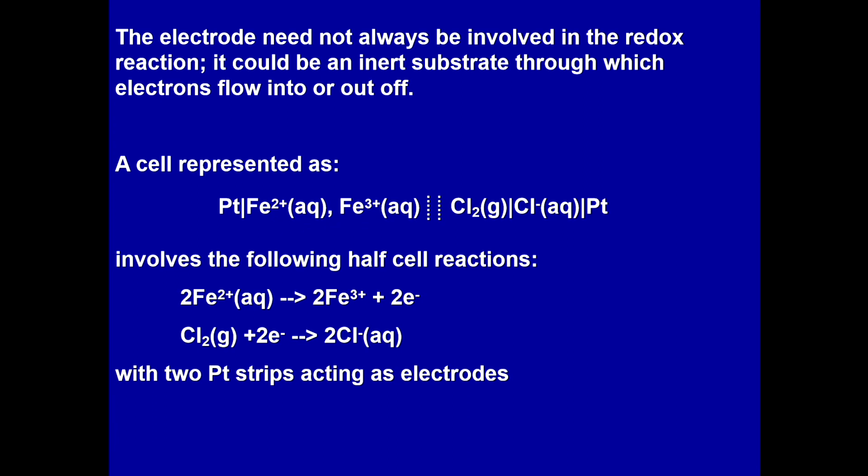And this side, this is reactants or products, okay? One is a gas, one is in solution. And the anode and the cathode is another metal, and this metal doesn't join the reaction.